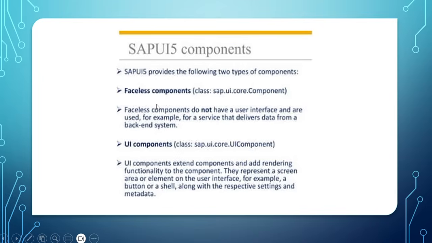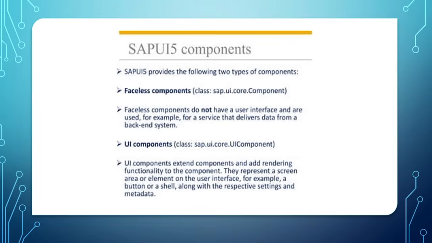Next, we have the SAPUI5 components. SAPUI5 provides two types of components: the faceless component and the UI component. All our developments come under the UI component, I mean shell, layout, forms, pages, everything.